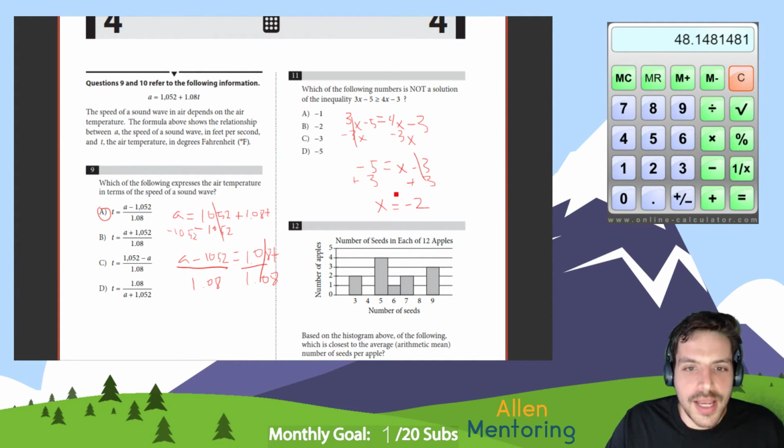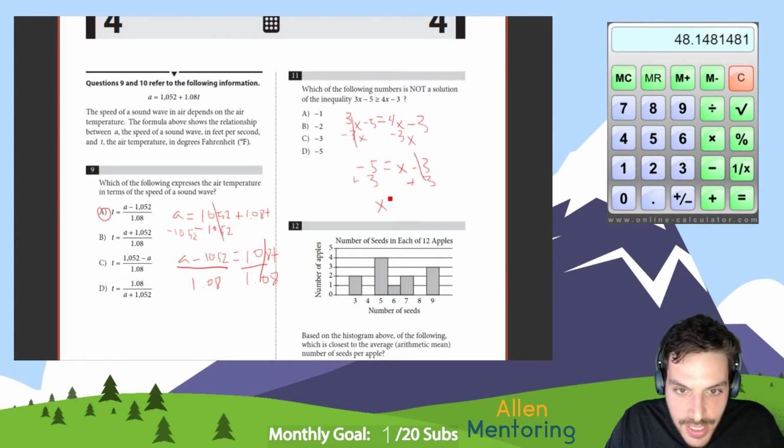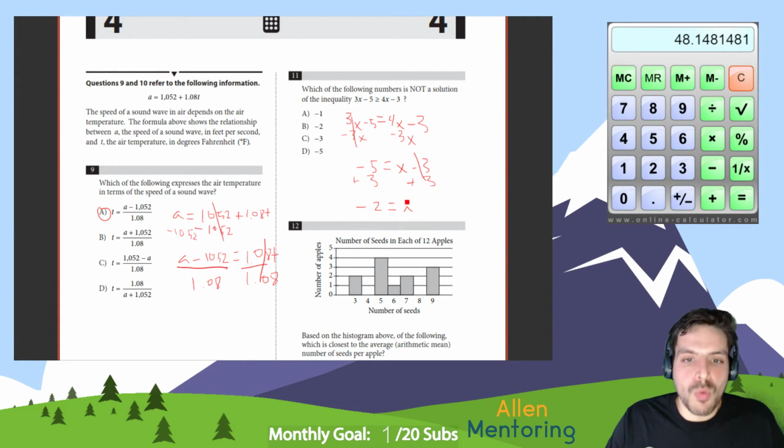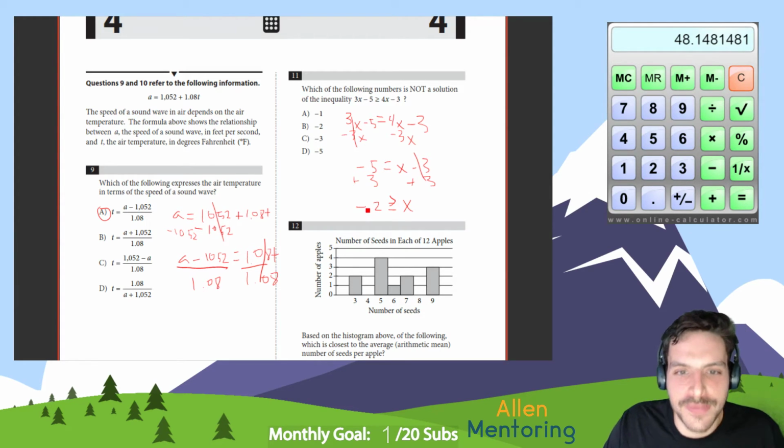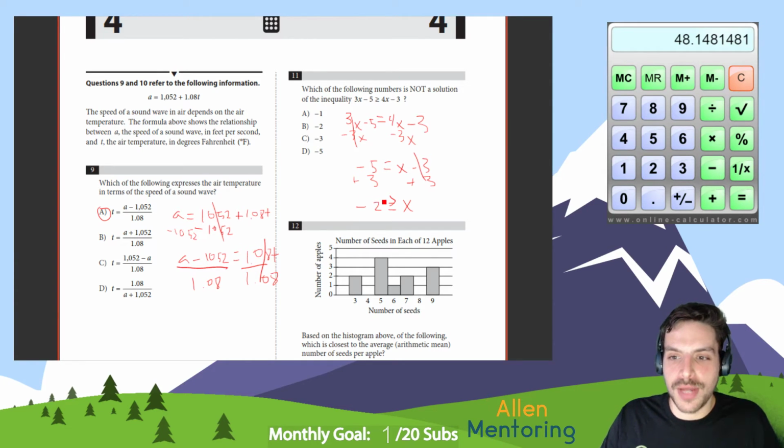All right, and so now we see that, actually, sorry, x is on the right side here. Make sure to leave it on the correct side so that now when we're replacing it with the original inequality, we see that x is less than or equal to negative 2, right? Or you could say negative 2 is greater than or equal to x.